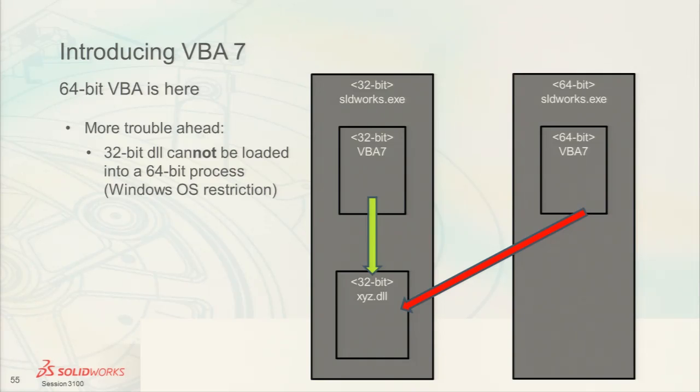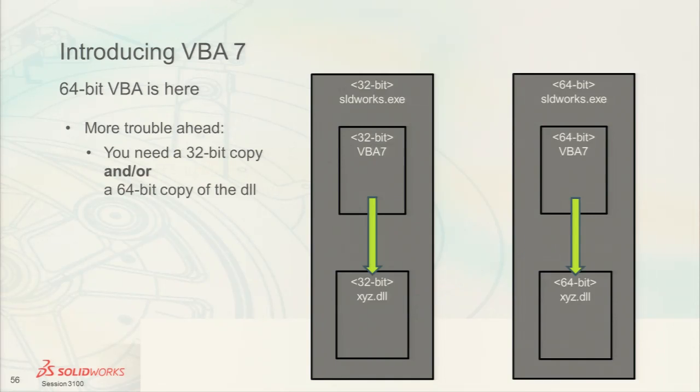All the DLLs in the 64-bit application have to be compiled for 64-bit specifically, because all these addresses and data types, it has to know about it in terms of 64-bit addresses. So there is no way about it. You can't use your DLL anymore. You need another copy of it alongside your 32-bit copy. Or if you don't worry about 32-bit SolidWorks anymore, just need to get hold of that 64-bit copy of that DLL.